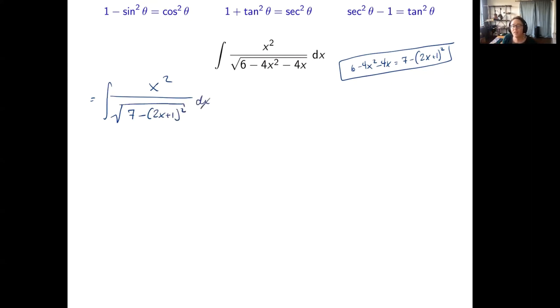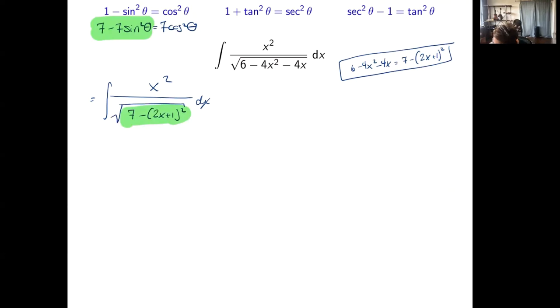Now I can decide what I should use for a trig substitution. I've got a constant minus something squared, so that's this form. My constant is 7, so the form of this identity I'm going to use is the form I get by multiplying both sides through by 7. My goal is going to be that this term underneath the square root turns into this term on the left of my identity.